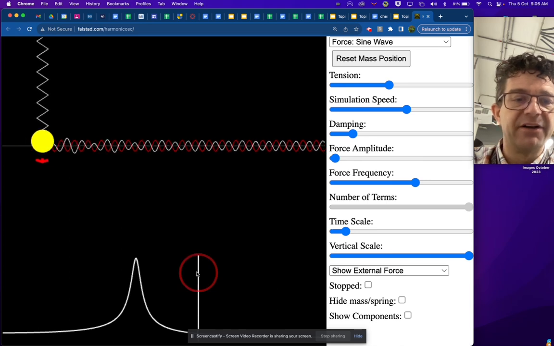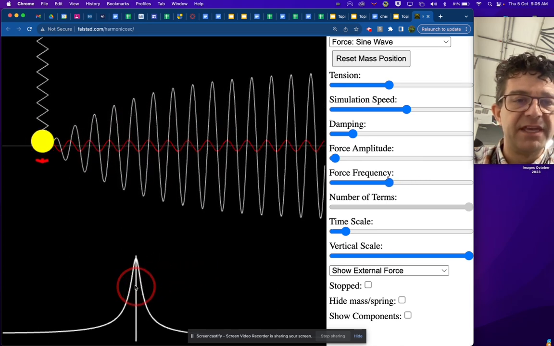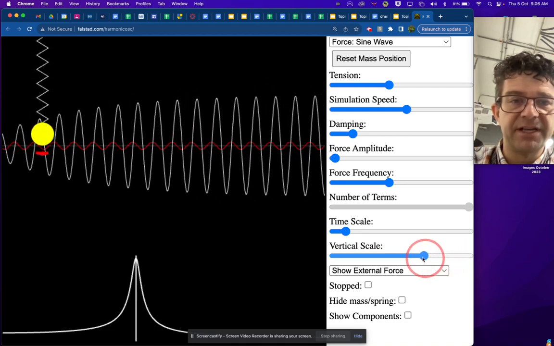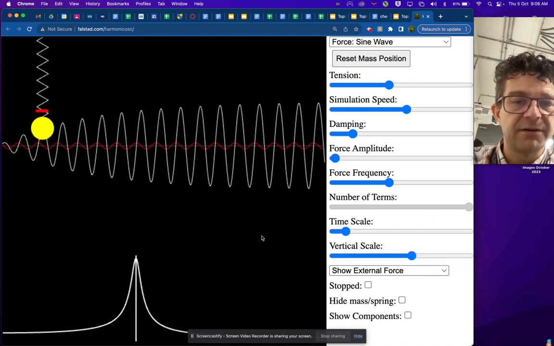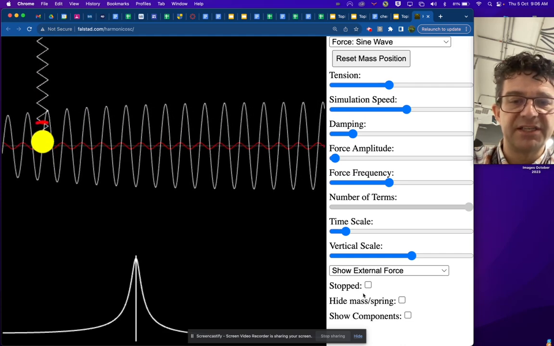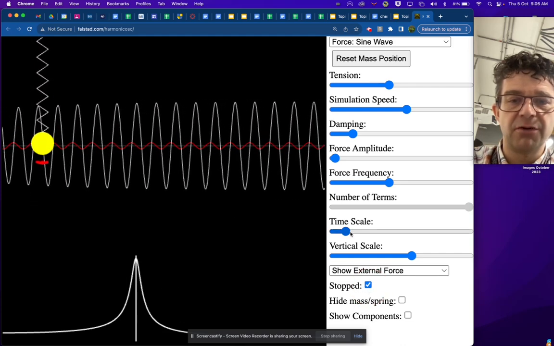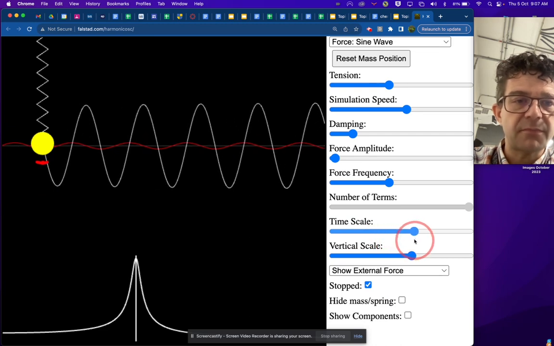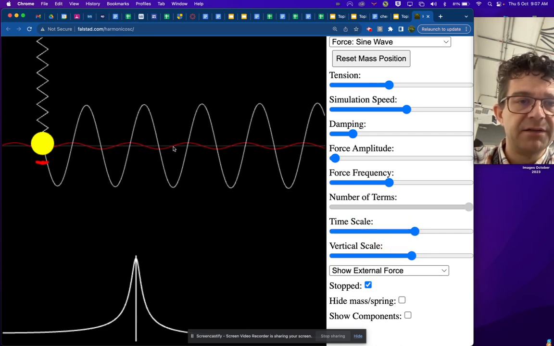And then, as I pointed out a moment ago, if you look at the resonance, and we get that vertical scale right so we can see things, here, the response, and it's hard to see without stopping and changing the horizontal scale, but the minima and maxima for the response line up with the zero values for the drive, and the maxima and minima for the drive line up with the equilibrium position of the system.